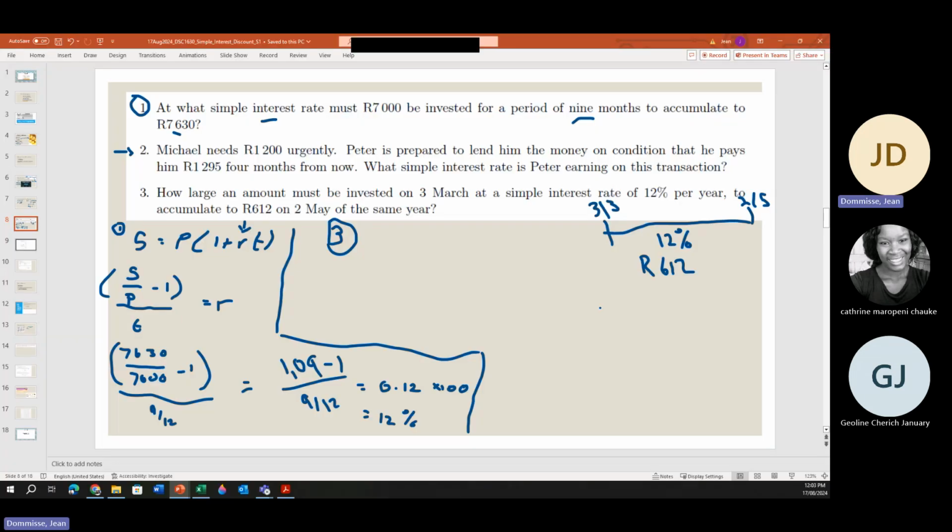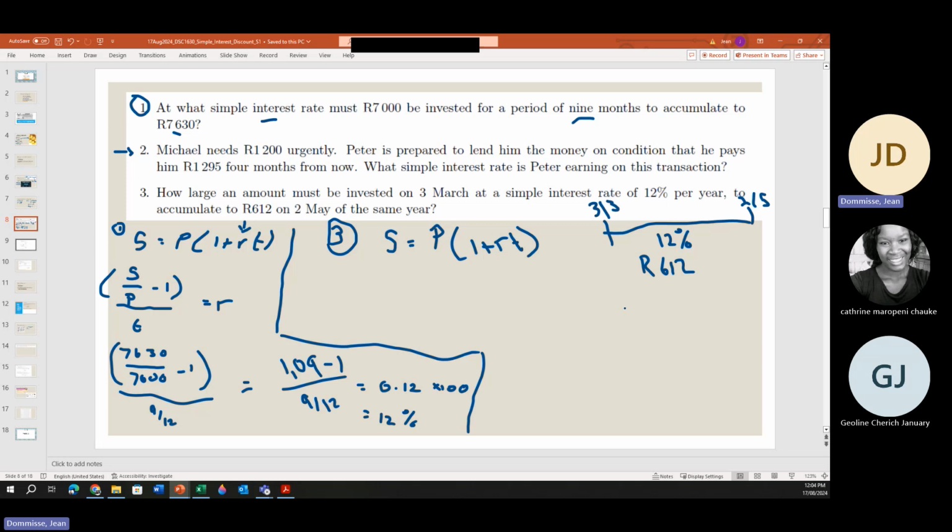Okay, so again, if we look at S equal to P(1 + rT), we get the interest rate. We're going to work out how long it was. We need to work out the P. So here we need to work out two things.